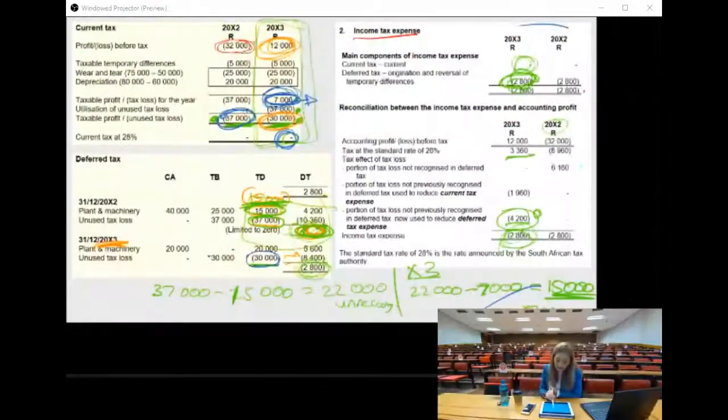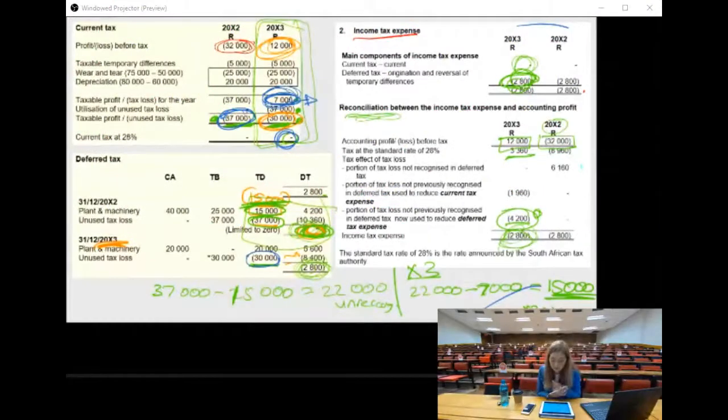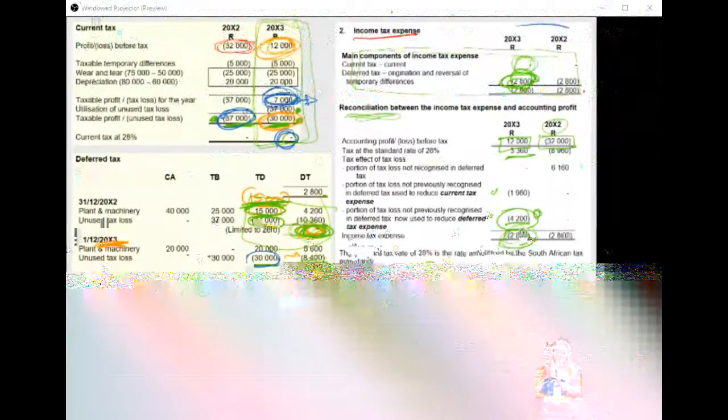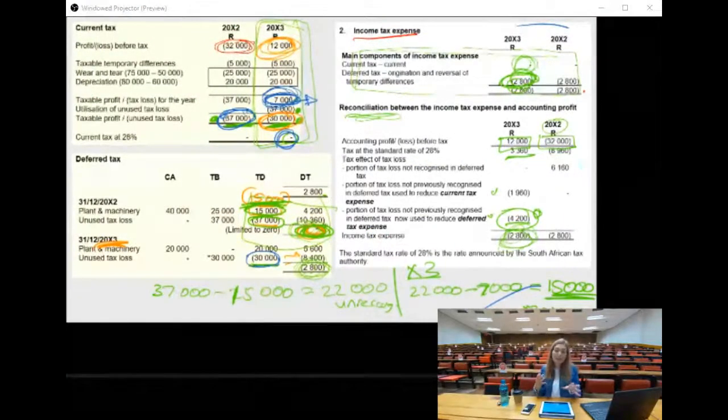It was not recognized last year, because your reconciliation, you must remember, is period specific. So in our reconciliation, we start with a period specific accounting profit for that year. So the moment we have things in here that relate to prior years, it's going to end up in our reconciliation, unless we were able to recognize it through deferred tax in the prior year. Good.